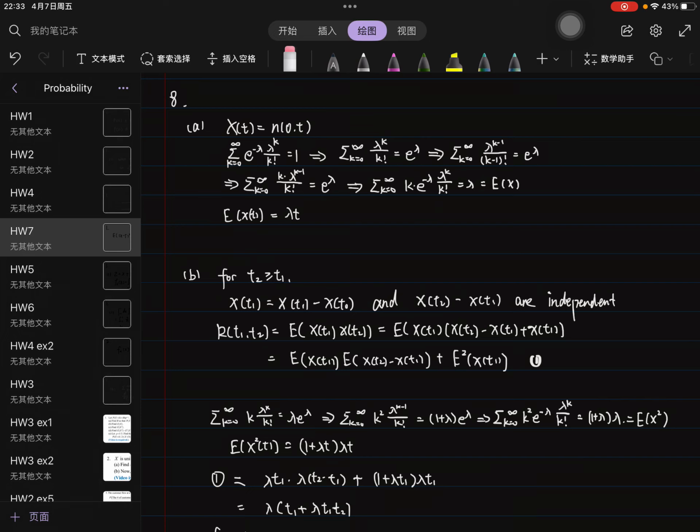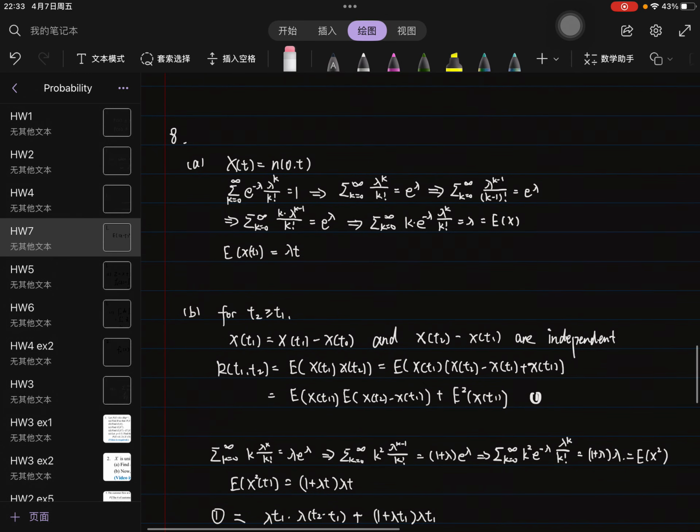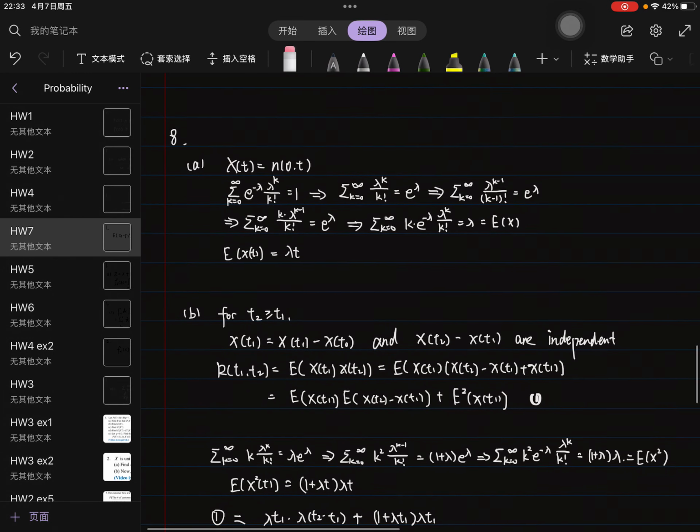So by definition 1, we know that the random process X(t) equals N(0, t). That is by definition 3.